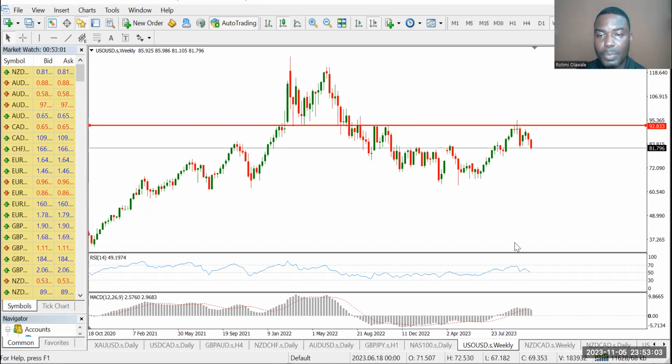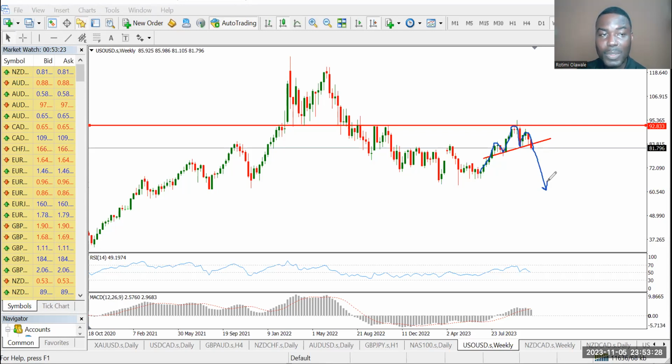And also a possible head and shoulder pattern. Now, the moment price breaks out below the neckline right here, which has already happened though, we expect a bearish movement, a long-term bearish movement on the US oil.